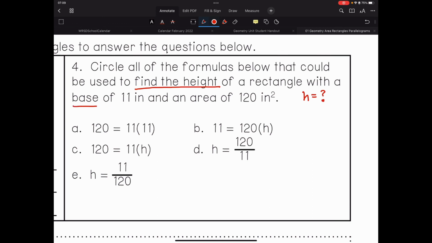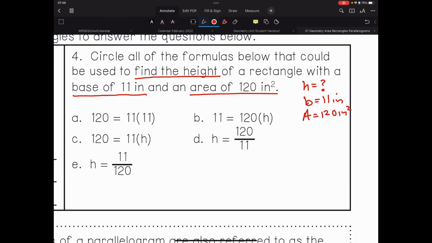The base is 11 inches, and the area is 120 inches squared. So if I use my formula of area equals base times height, and I plug in the values, I end up with 120 equals 11 times h.